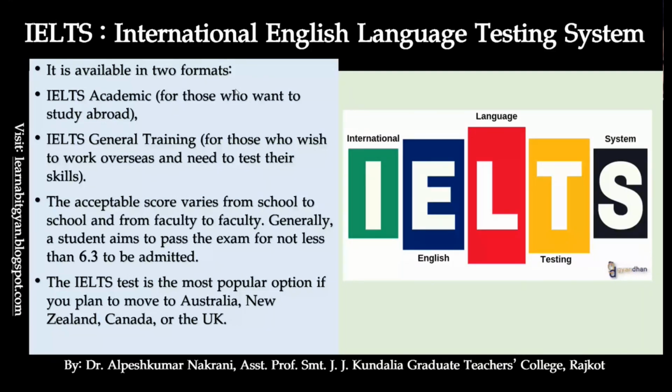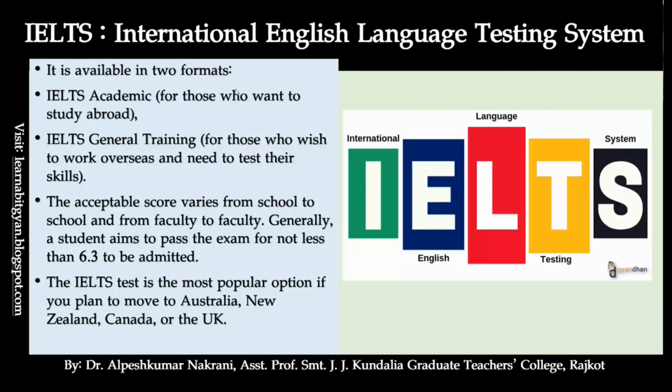both are accepted, right? So yes, I'm explaining both the things, though I have not gone through any of them, right? IELTS, International English Language Testing System. It is available in two parts. IELTS Academic for the students who want to go to foreign countries for study purpose.